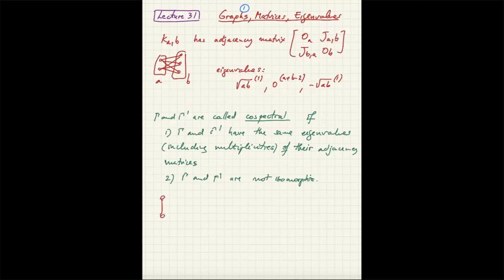We take gamma as the disjoint union of the cycle C4, which is the same thing as K_{2,2}, union one single vertex, which is K1, and then the other graph, gamma prime, is a star, K_{1,4}. Clearly, these gamma and gamma prime are not isomorphic, because one is connected and the other one is not connected, for example.